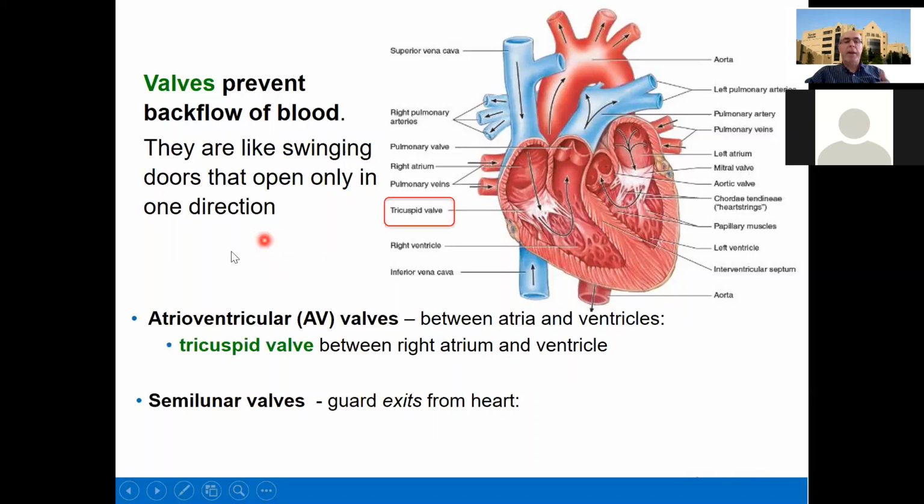These are the atrioventricular valves, which are between the atria and ventricles.